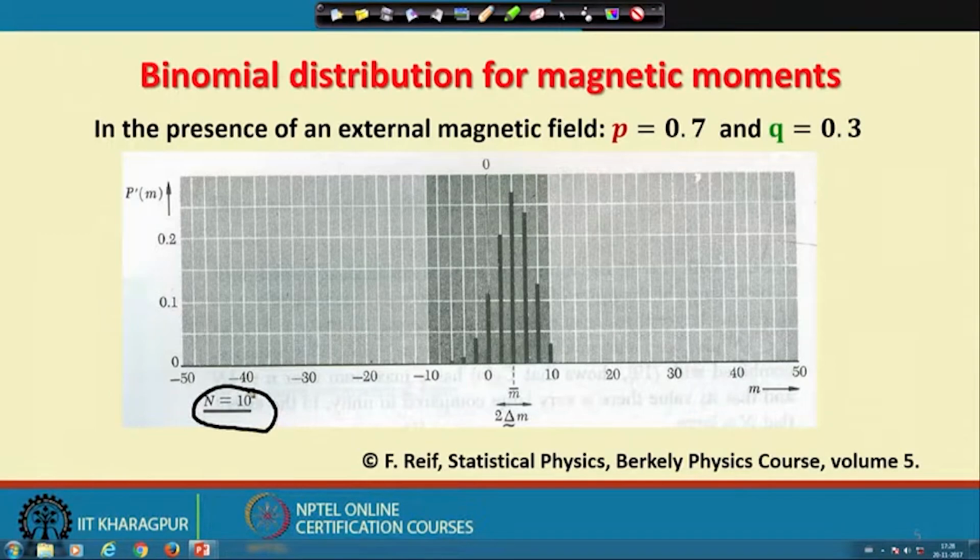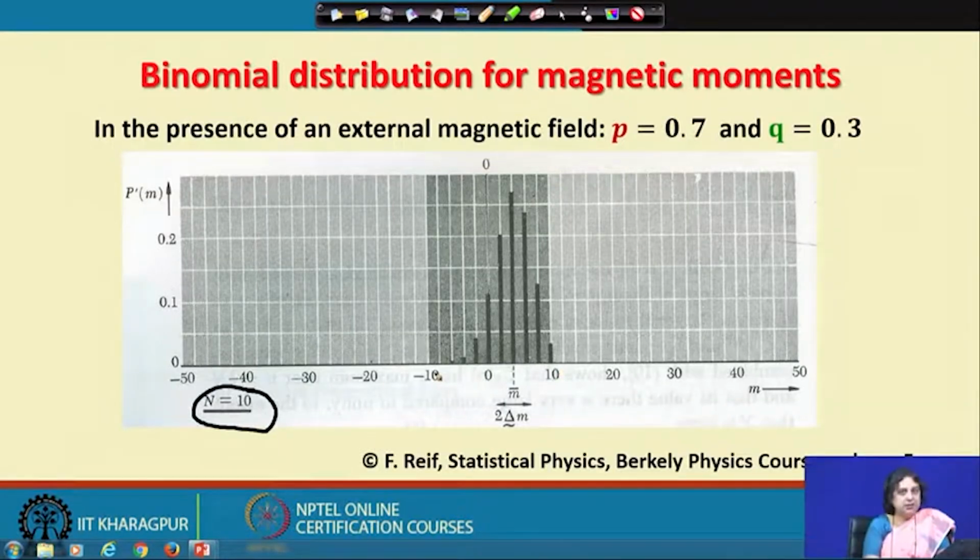So, as you see, when capital N is equal to 10, the accessible values of M are minus 10 to plus 10, but here the distribution once again has a maximum, but that maximum does not exactly appear midway between the accessible values of small m.